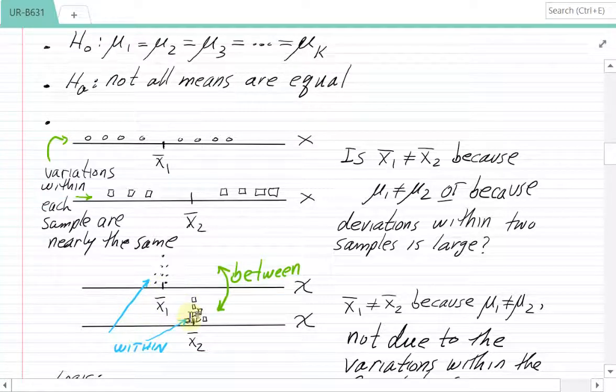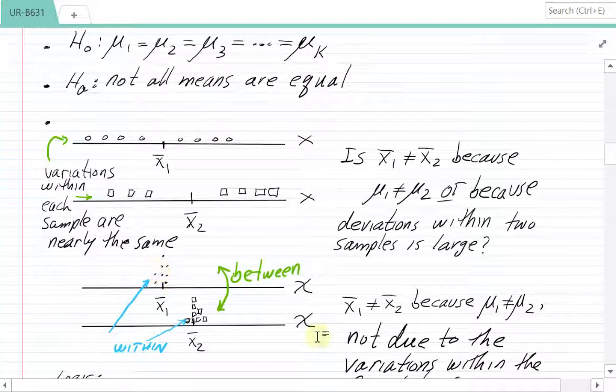Okay, so I can no longer attribute a significant statistical difference between X bar 1 and X bar 2 to those large within deviations. Now I can say, well, look, deviations are under control, very small. So there is a discrepancy because this distribution comes from a different population than this distribution does.